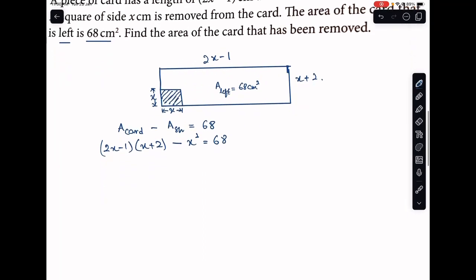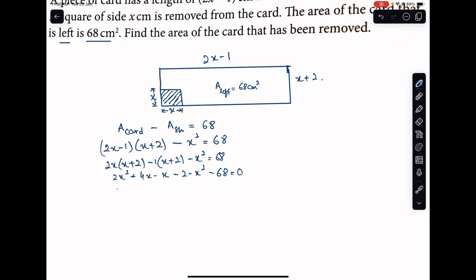Solving this, I can say that it is 2x times x plus 2 minus 1 times x plus 2 minus x square, which equals 68, or I can say this is 2x square plus 4x minus x minus 2 minus x square minus 68, which is equal to 0. Or I can say it's x square plus 3x minus 70, which equals 0 here.